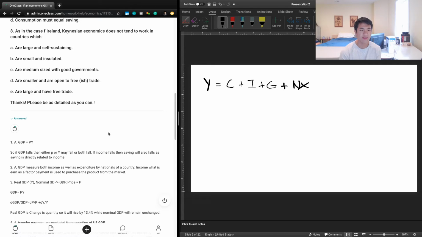There are some reasons this might not work, and as is hinted by the example given, which is Ireland, one of those is if the economy as a whole is relatively small and open to free trade. The domestic government might not play as large a role in stimulating the economy as the world economy does.